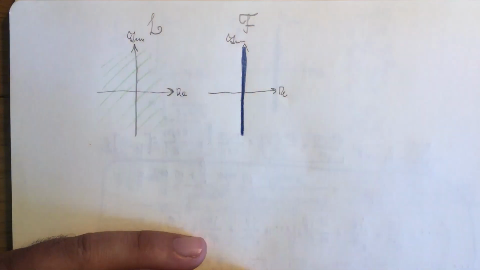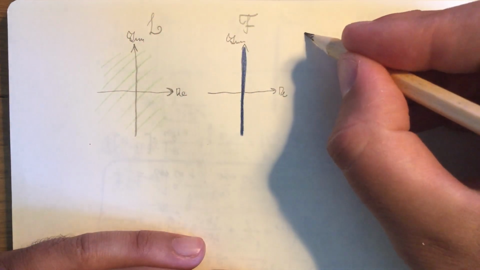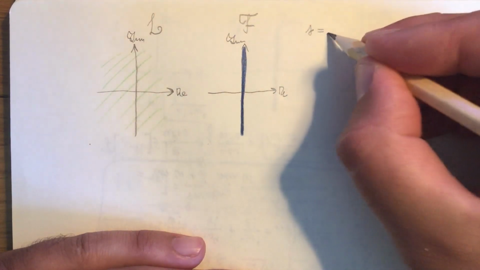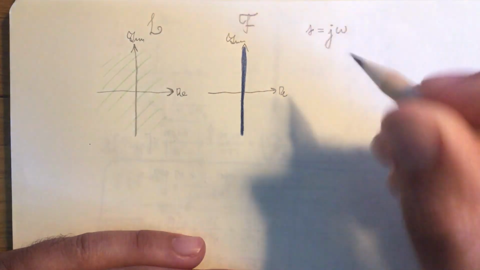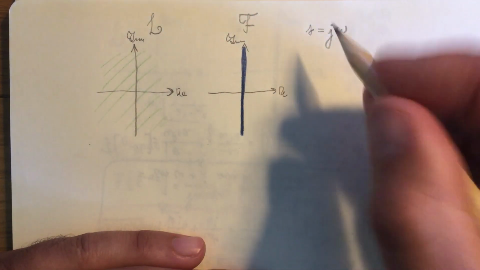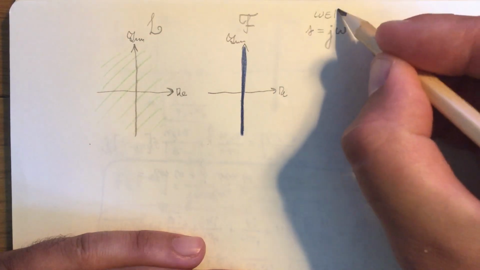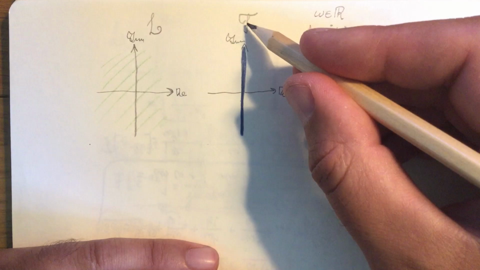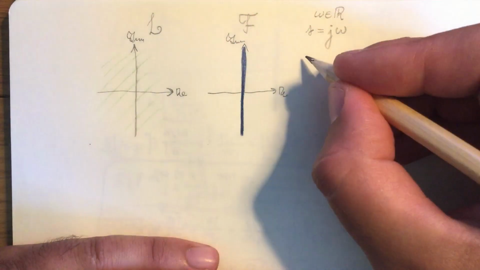That is to say, we replace S, the Laplace transform complex variable, by j omega, where j is the imaginary unit and omega is a real number, which is the imaginary part of the Fourier transform complex variable.